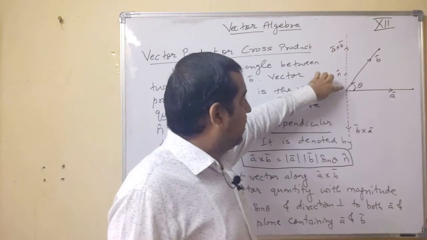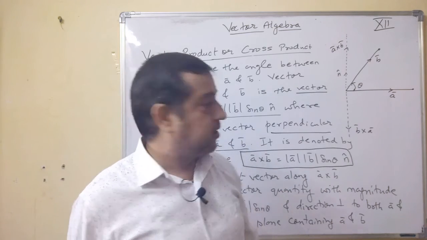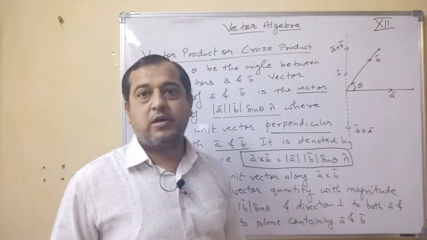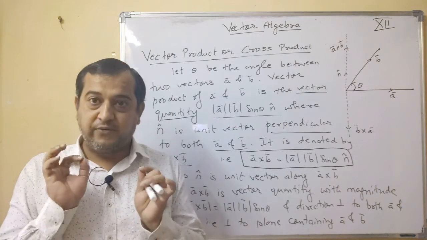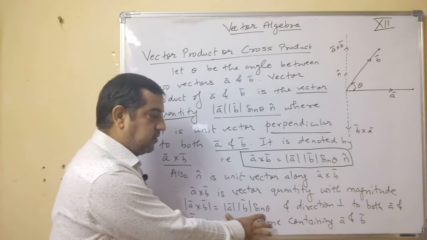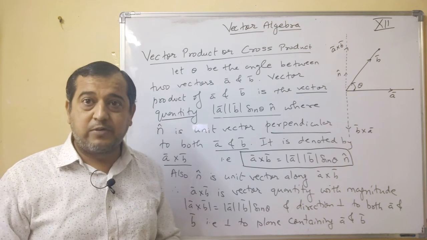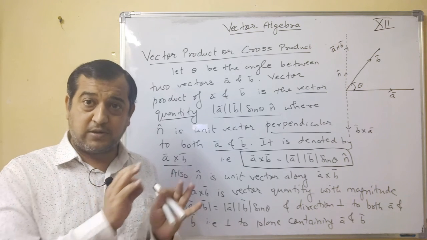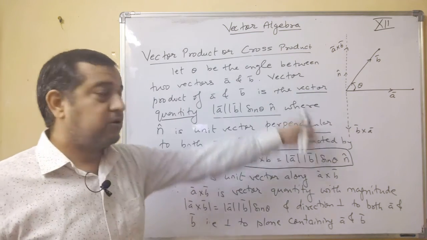A cross B goes in this direction, and in this same direction the vector n cap, which is the unit vector, will come, and B cross A goes in the other direction. So in all, the vector product is a vector quantity. It has magnitude, this is the magnitude, and it has direction, and the direction is perpendicular to both vectors, vector A and vector B. Okay, please note it down.